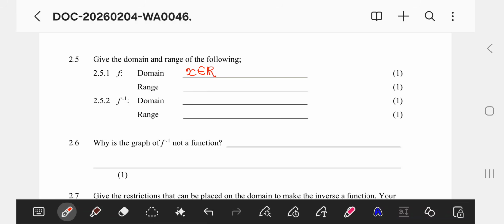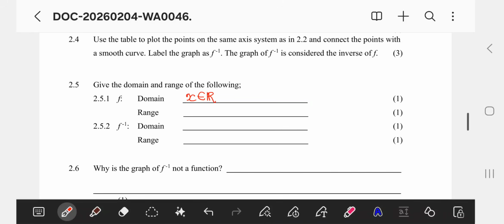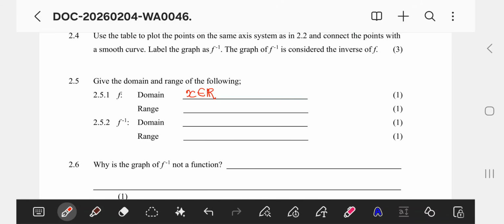Next, they want the range. Now, when we get range of a parabola, range refers to the y values. And you guys would have covered this in your notes, so I just want to put up a note here for you. Range depends on the a value.